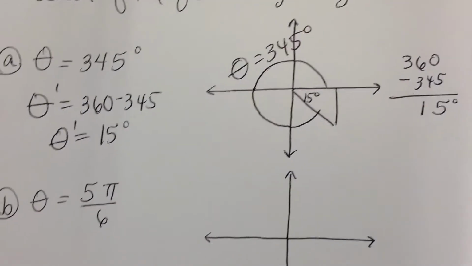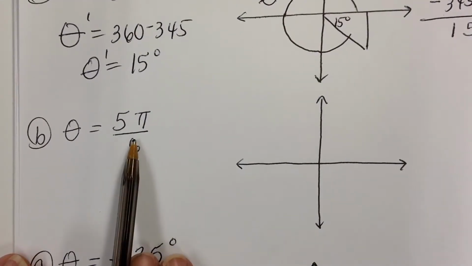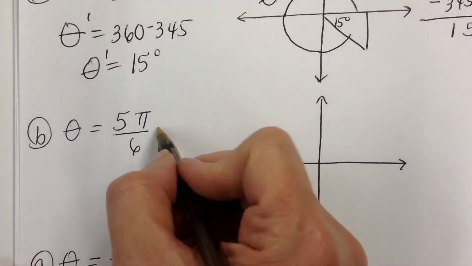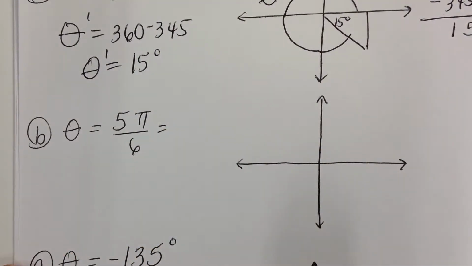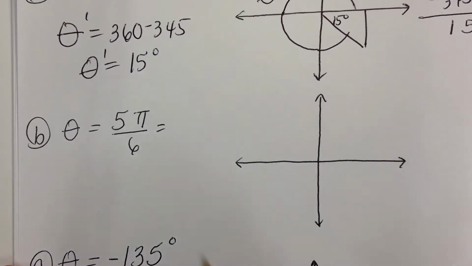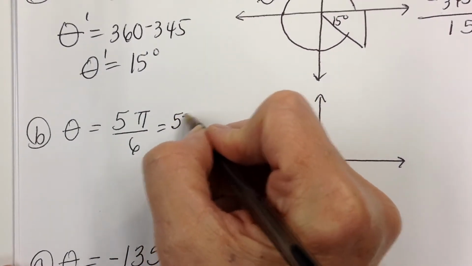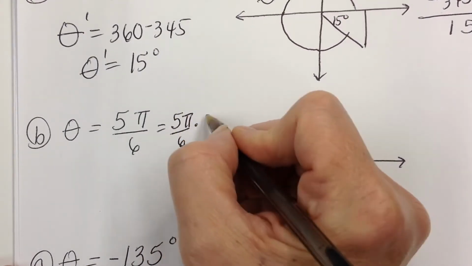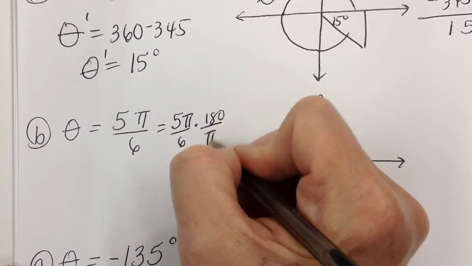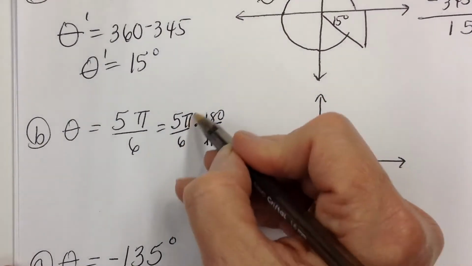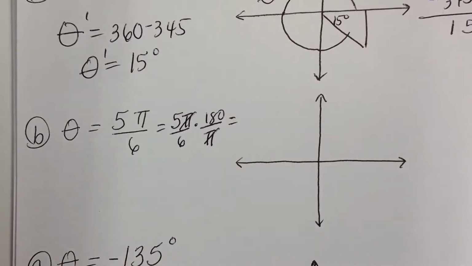All right, next we have radians. You can keep it in radians, or you can change it to degrees. It doesn't matter. If you change it to degrees, that's 5 pi over 6 times 180 over pi. So the pi's would cancel. So we could use our calculator to determine the actual angle in degrees.